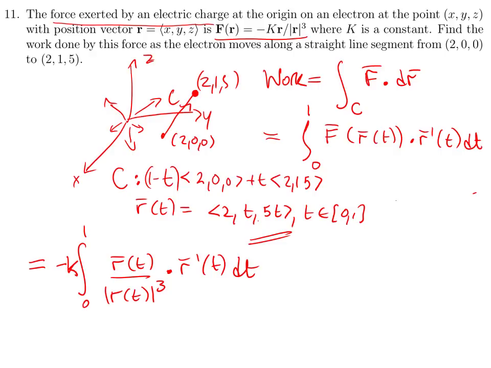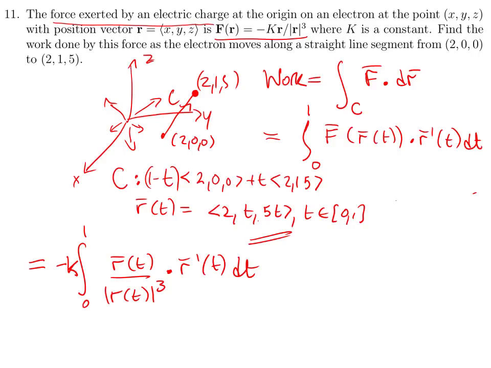I could just plug everything in and start computing it, but it might be slightly annoying because in this magnitude I have a square root. I'm going to get a square root of some polynomial. You can just go down this path and compute it, but I want to show you a slicker way of computing it. The only annoying part of this integral is the magnitude of r cubed in the denominator.